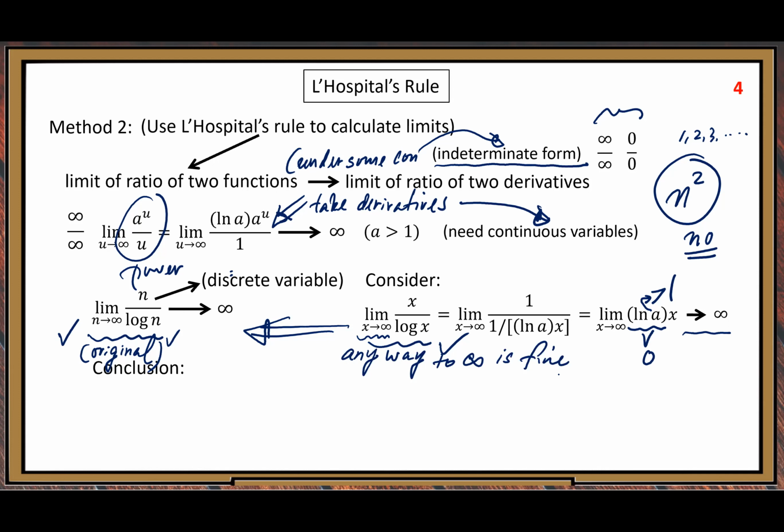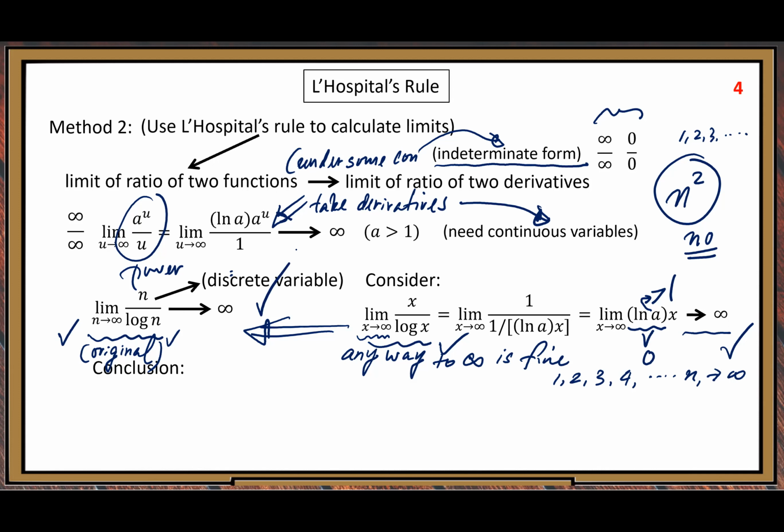Can we take a special way, the discrete value way, 1, 2, 3, to infinity? The discrete way is also fine, right? Because any way is fine, this consecutive integer way is also fine. We take the consecutive integer way to approach infinity. It's just a special way. So this deduction is also correct.